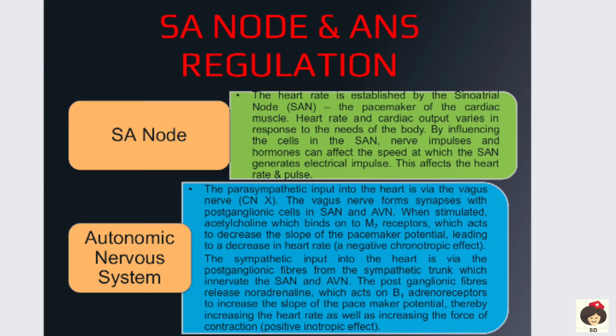So when the sympathetic nervous system is triggered, they release a hormone called noradrenaline, which acts on the beta-1 adrenoreceptors, and they will increase the slope of the pacemaker potential. Pacemaker is nothing but the sinoauricular node. So when the sinoauricular node is triggered more, they will also increase the heart rate and also the force of contraction, that is called the positive inotropic effect.